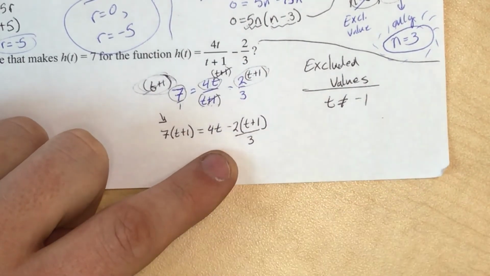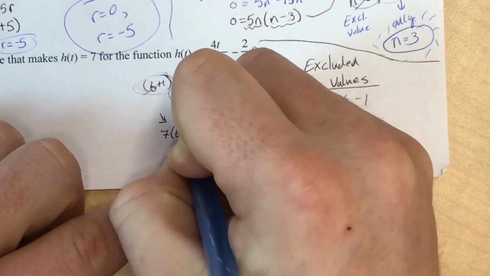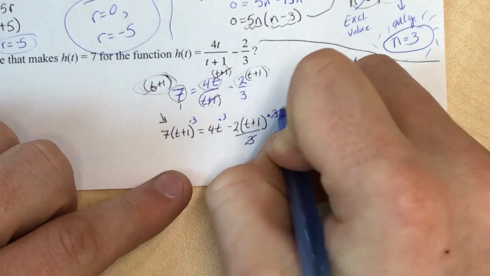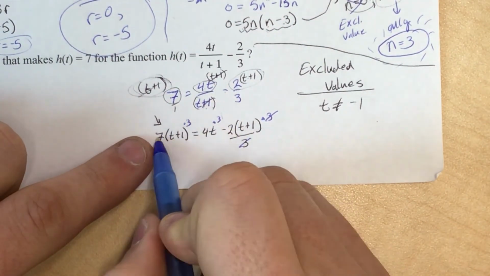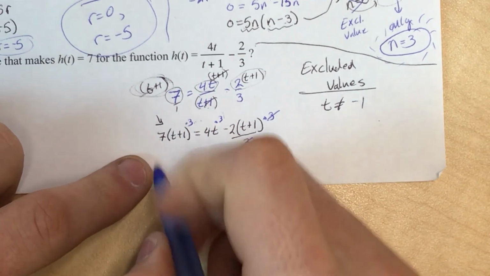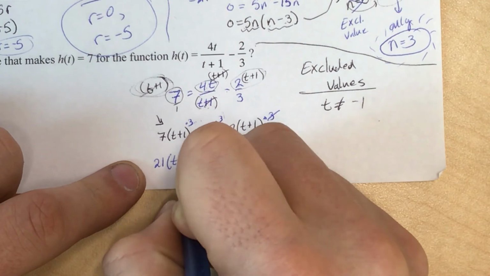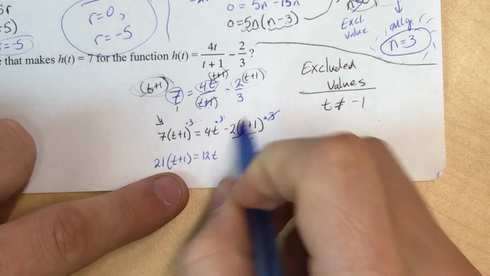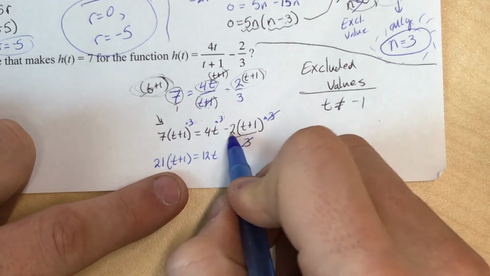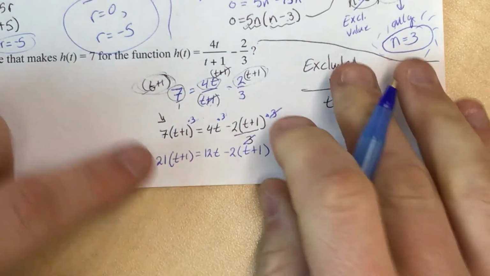So I am going to eliminate the 3 by multiplying all terms again by 3. And these don't eliminate with anything. So I'm going to just multiply this 3 with the 7 right away to say this is 21 times t plus 1. 3 times 4 is 12, so equals 12t. And then this 3 eliminates, so all that we had left over was just a negative 2 times t plus 1.